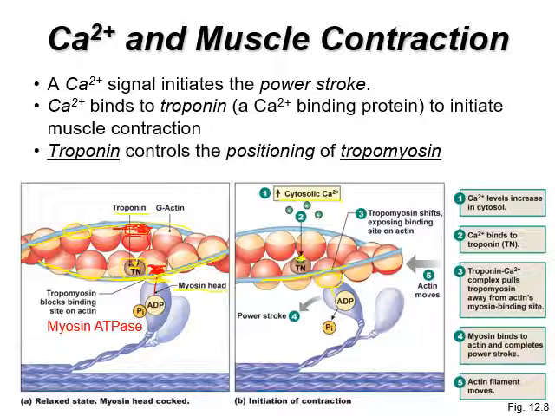Our myosin head is going to interact, and then we get the power stroke. If we power stroke, we're moving the actin in that direction. We're pulling it. So that's essentially what is happening. First, we need calcium. We've got to have calcium so we can get the cross-bridging to take place, and then we can initiate the power stroke.